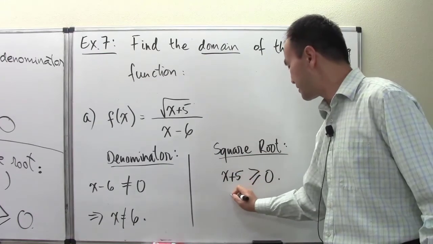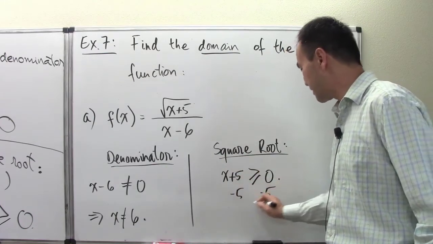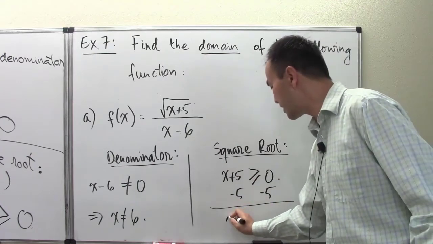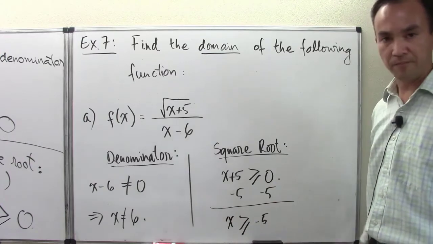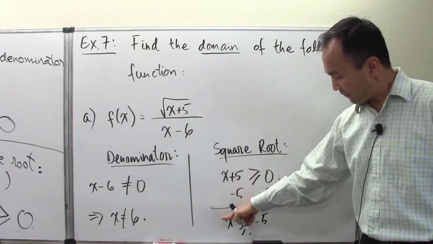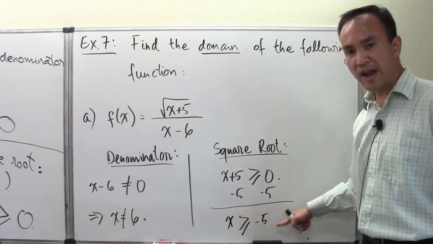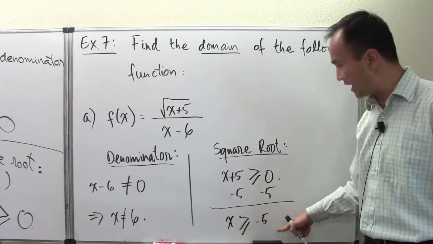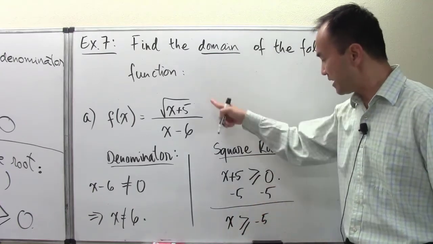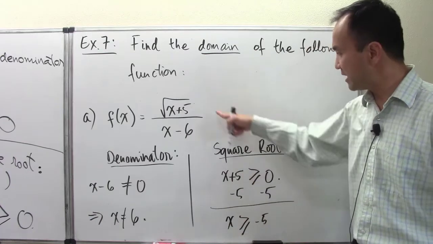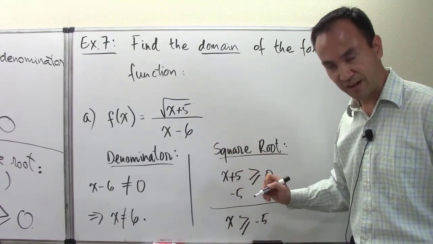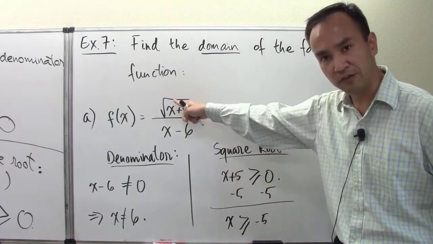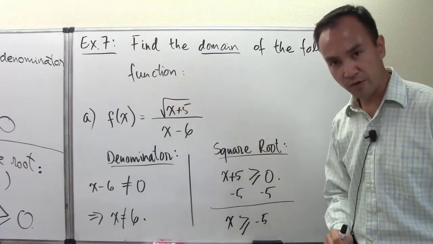Simply subtracting 5 from both sides, I produce x greater than or equal to -5. If we choose any value for x greater than or equal to -5, then we ensure that x plus 5 is greater than or equal to 0, and it will fulfill the requirements for the square root expression.